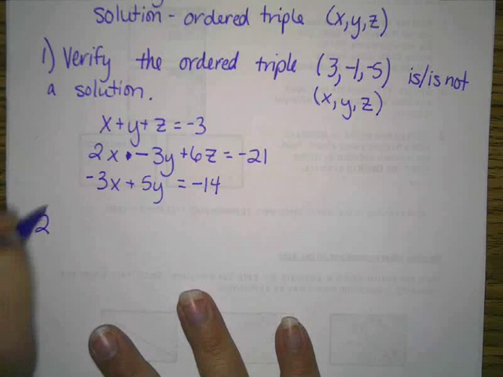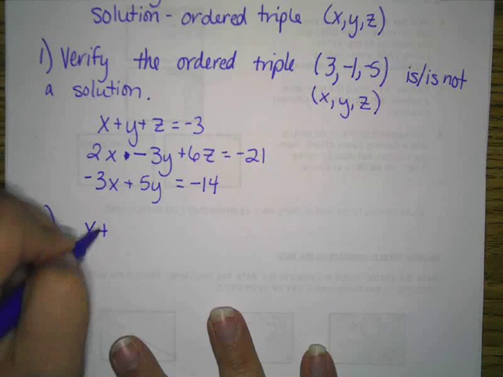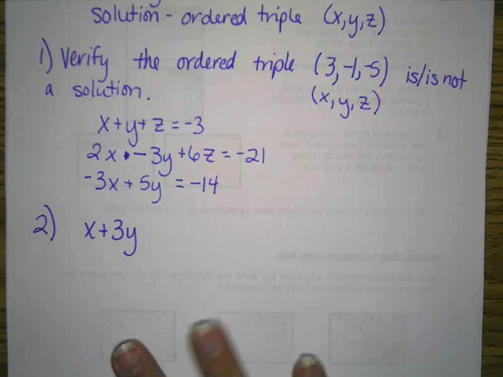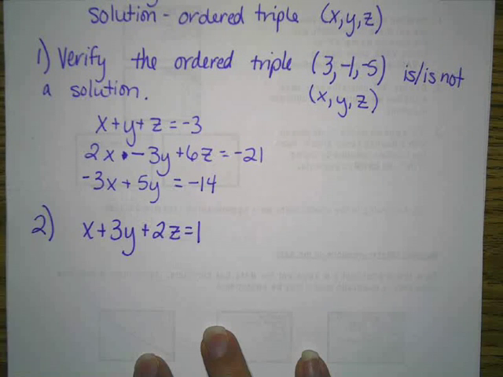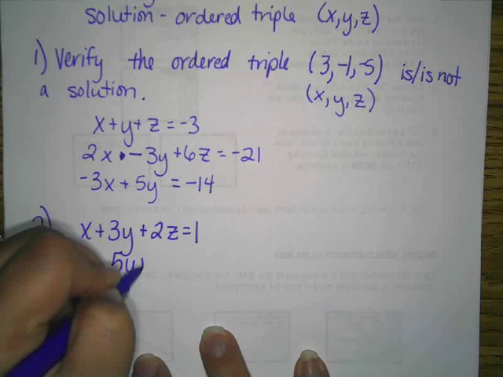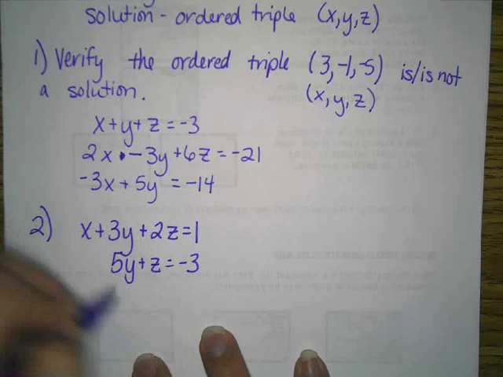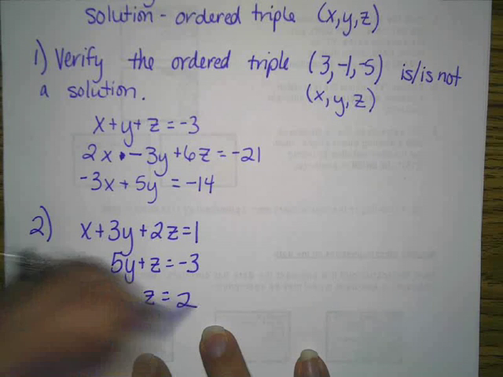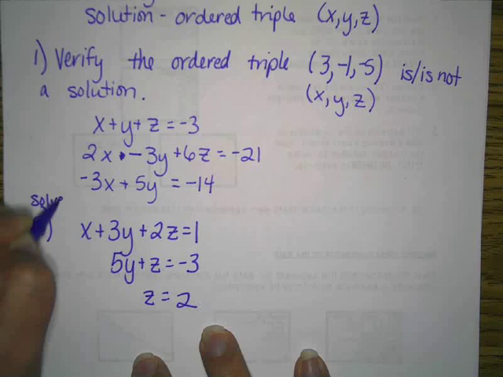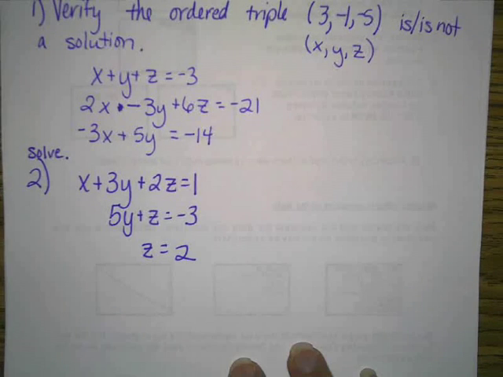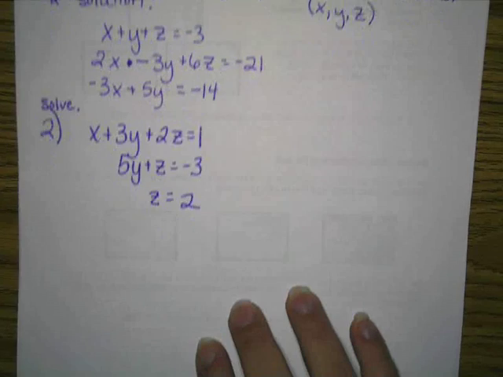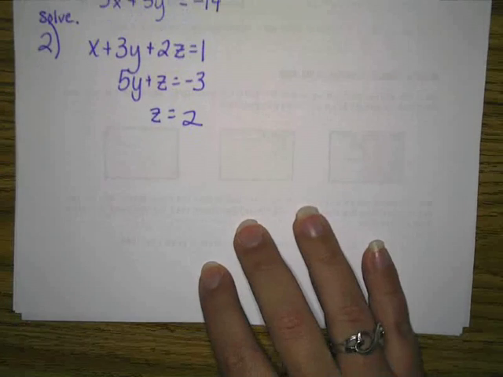Okay? The next problem is just a solve. We have x plus 3y plus 2z equals 1, 5y plus z equals -3, and z equals 2. Now on a problem like this, we can use back substitution.